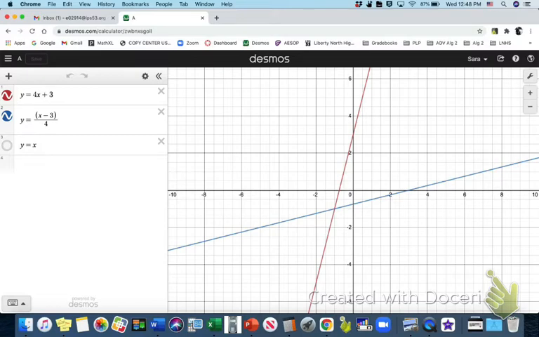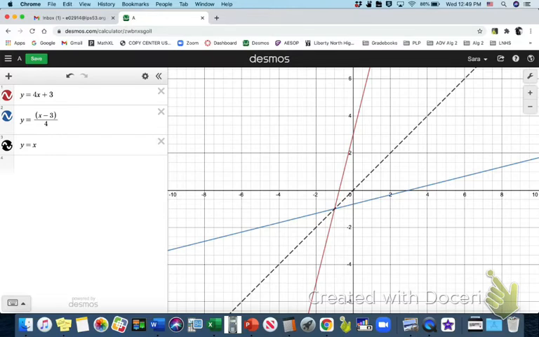If we notice, you can see where they cross. Now I'm going to show you the line y equals x. Notice when I do that, that looks like a line of reflection for the graphs of these two inverse functions.